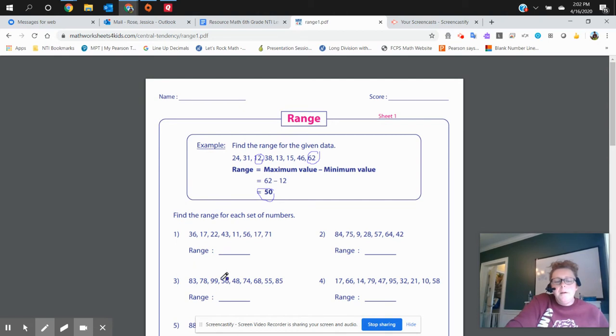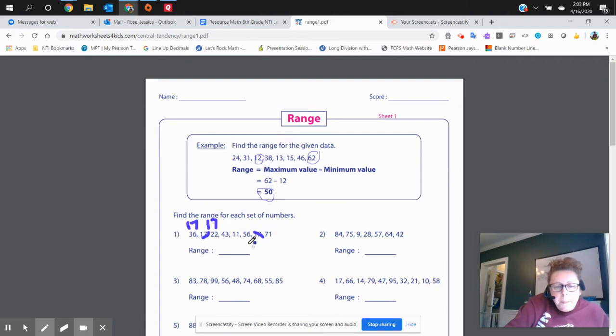Okay, I'm going to go ahead and work out 1 and 2 with you just to make sure that you know what we're doing. So let's look at the range for this data set. If it's really hard for you to figure out which number is smallest and biggest, you can put them in order. So I'm going to put them in order above. There's 17, and I like to cross it out when I'm done. There's a 17, there's another 17 right there.